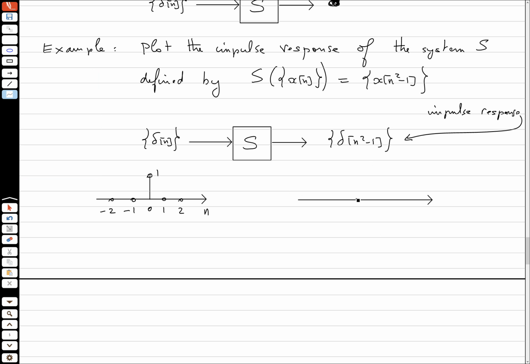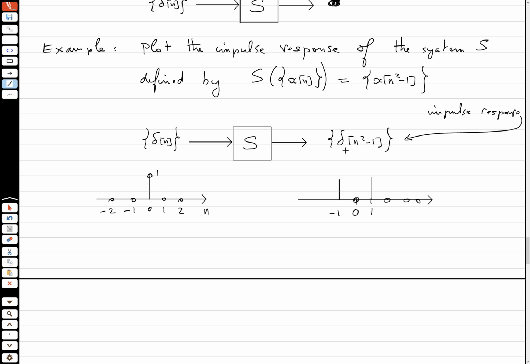All right, so we do the same thing as before. What is this at 0? This at 0 is delta of minus 1, which is 0. At 1, this is delta of 0, which is 1. And then 0, 0, 0. At minus 1 is delta of 0.